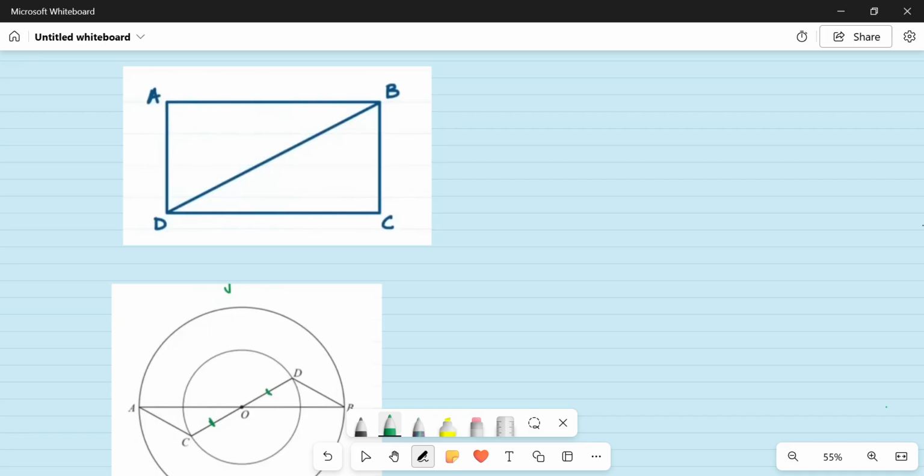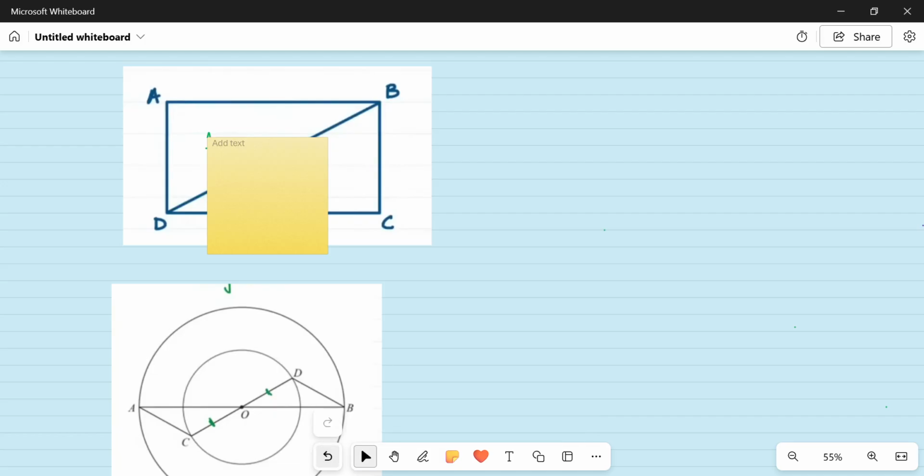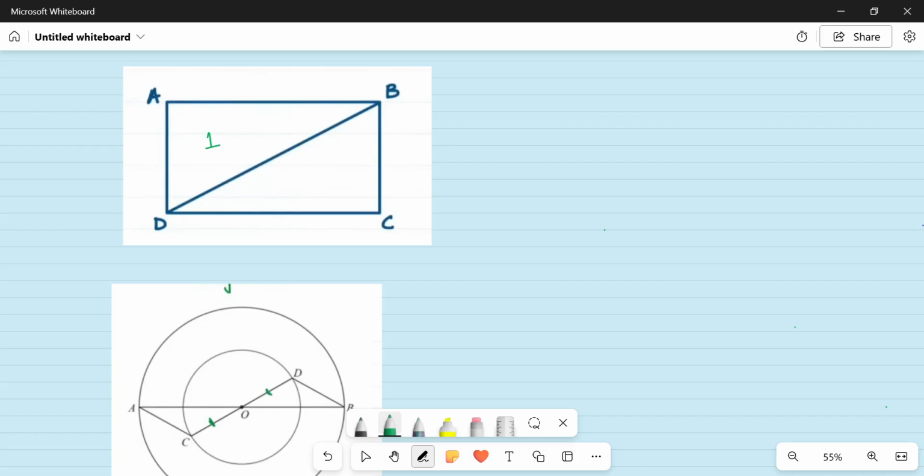This rectangle is divided into two triangles, so we need to find out which sides are congruent.